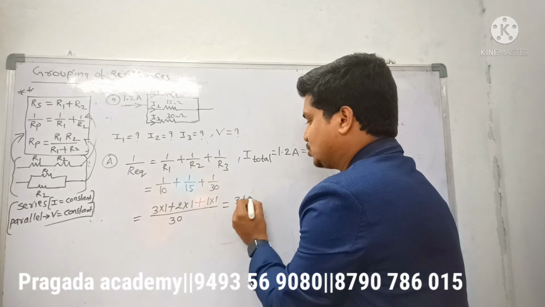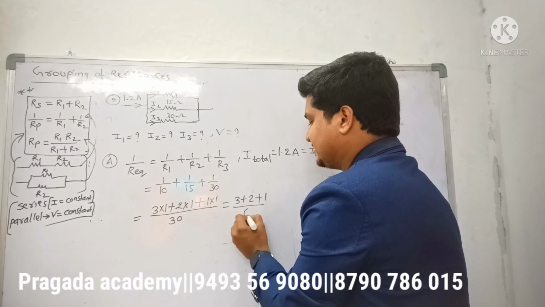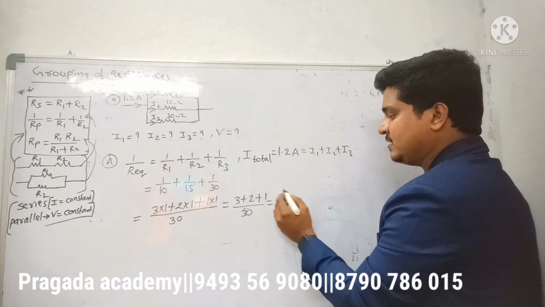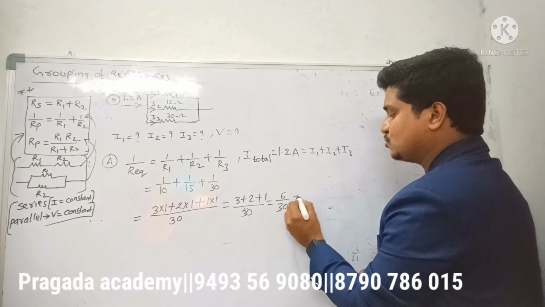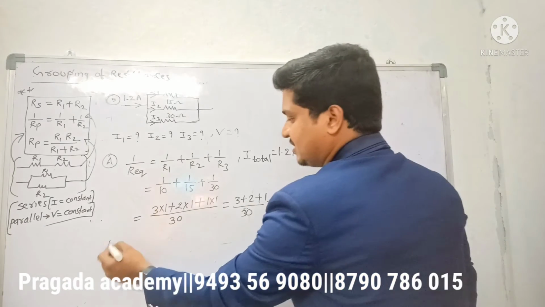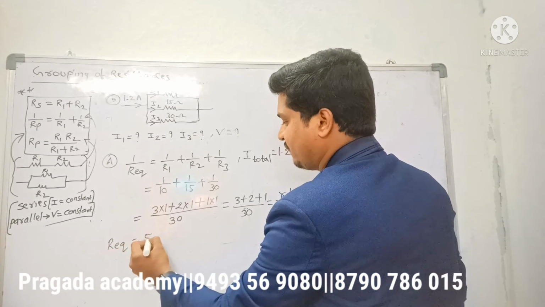So you will get 3 plus 2 plus 1 by 30, that is 6 by 30, which is nothing but 1 by 5. So R equivalent is equal to 5 ohm.